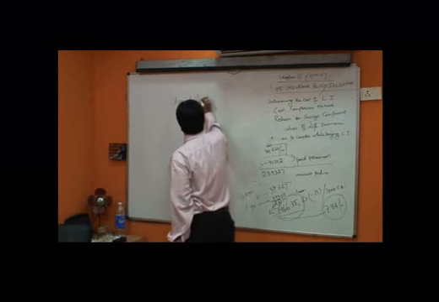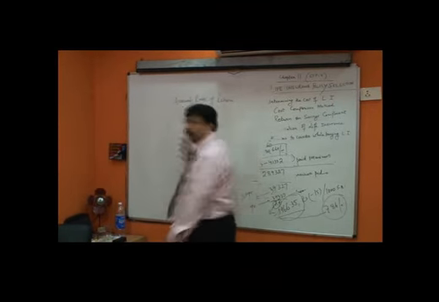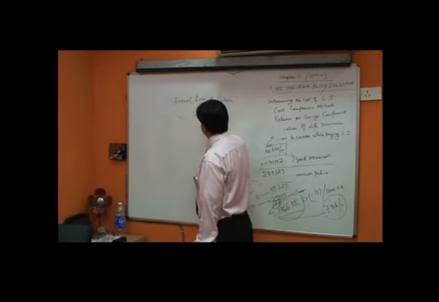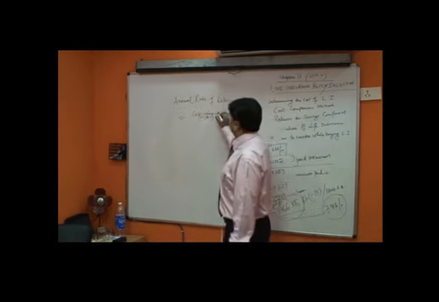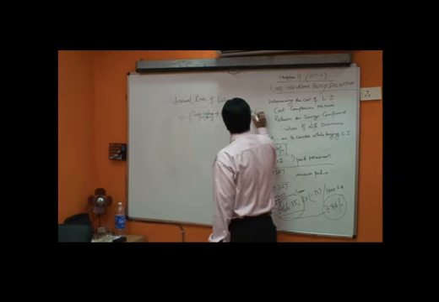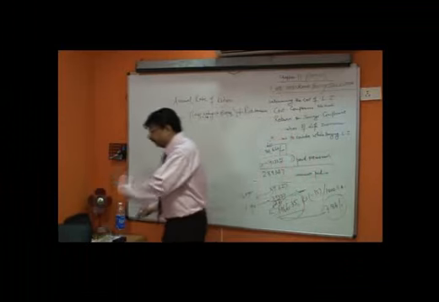So annual rate of return is equal to cash value. By cash value I mean either the surrender value or the maturity value. Cash value plus bonus plus risk premium. What is risk premium? Since it's an endowment plan, we have to take the mortality cost.